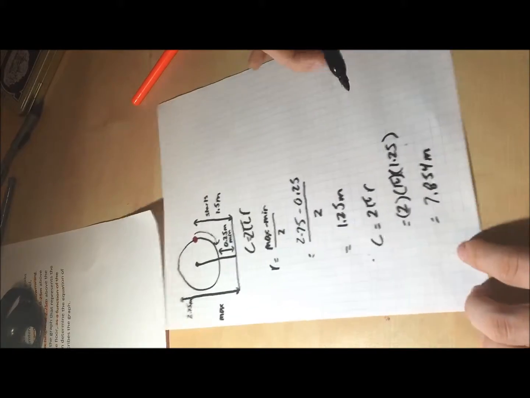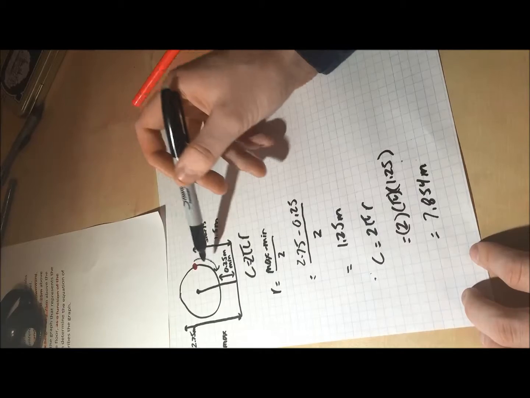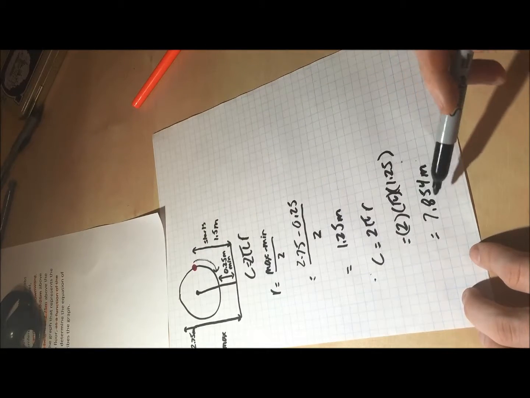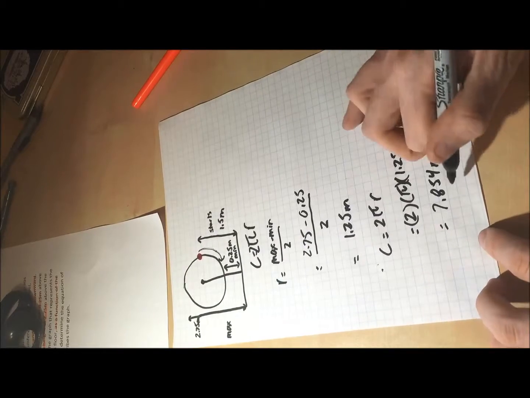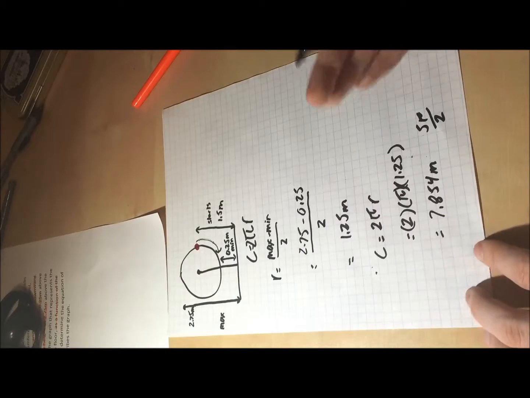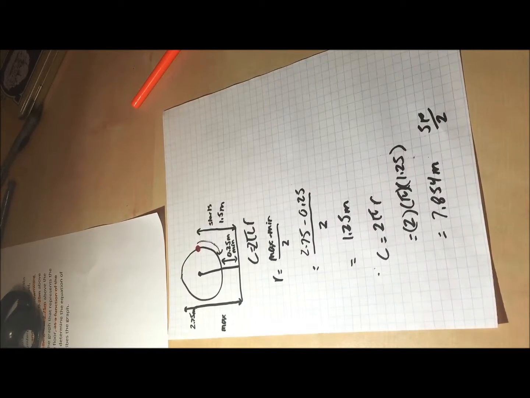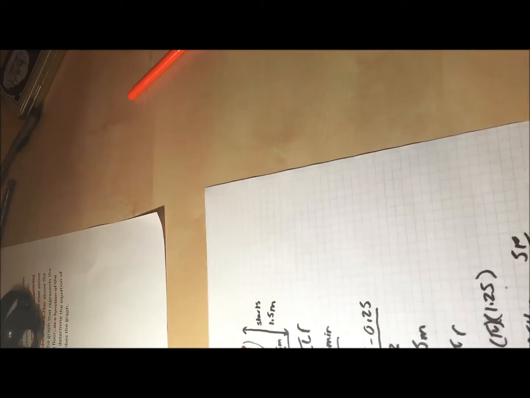In order to complete one full rotation, the red peg must move a total distance of 7.854 meters. This can also be written as 5 pi over 2 if you want to look at it in radians. Now we will go back and sketch out our graph.